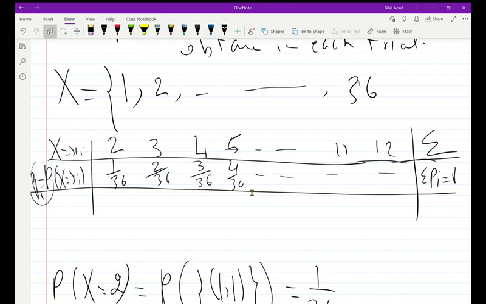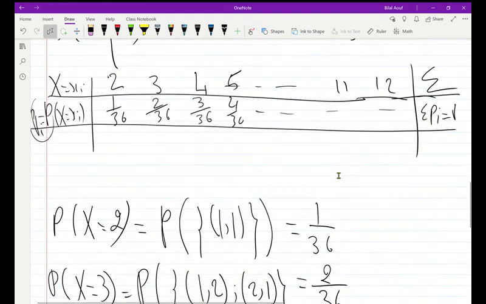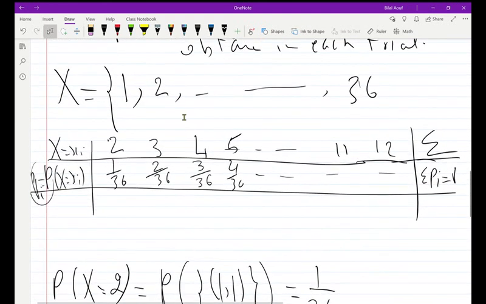So the condition to be discrete is that the sum of all the probabilities is equal to 1. It's clear? So when we ask you to define x, you have to find all the values of x, then calculate the probability for each value of x.